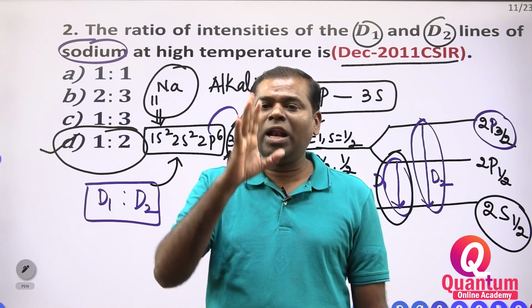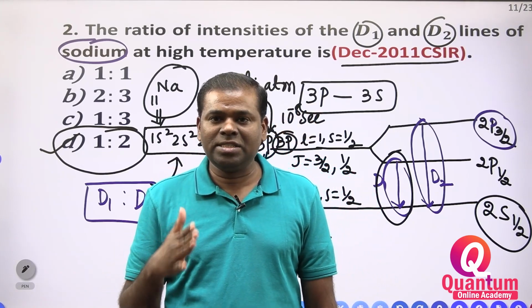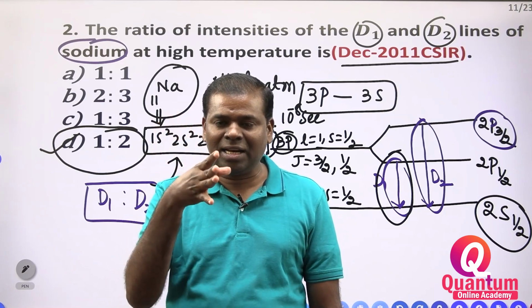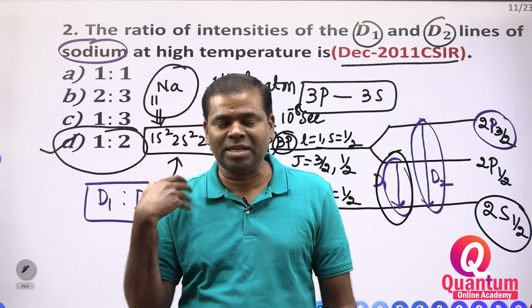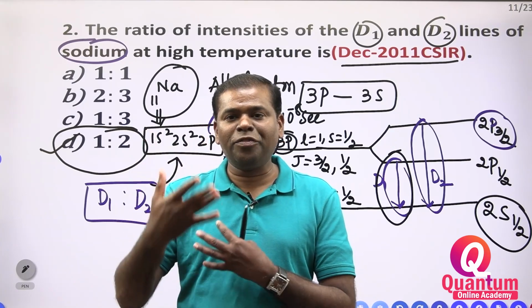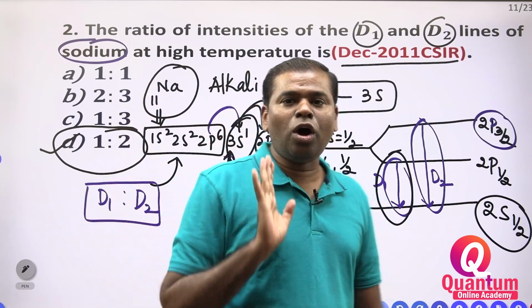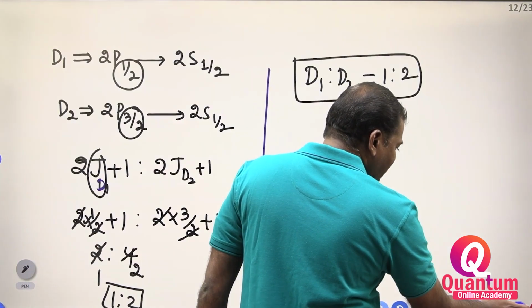In the laboratory you average them and take 5893 angstroms, but there are 2 lines. It is not exactly monochromatic, because there are 2 transitions according to the fine structure. If you go to the hyperfine structure, you will get 10 transitions, but not now. According to this question, your option is 1:2.